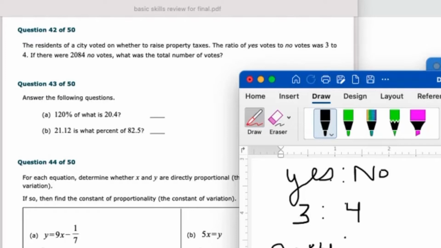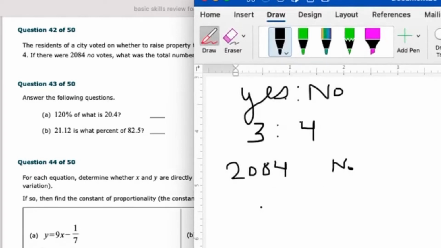These are no votes. Aren't we going to set up a proportion with this? We have 3 yes to 4 no, but they tell us that we have 2,084 no's. This is number 42. We could do this 2 ways.